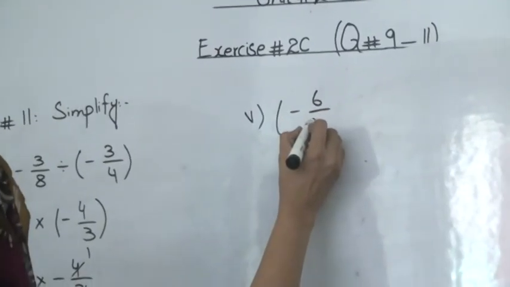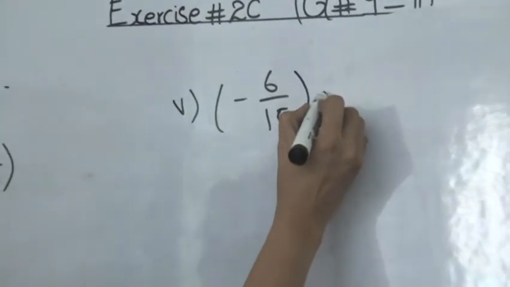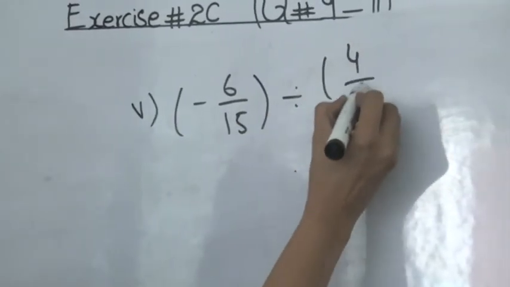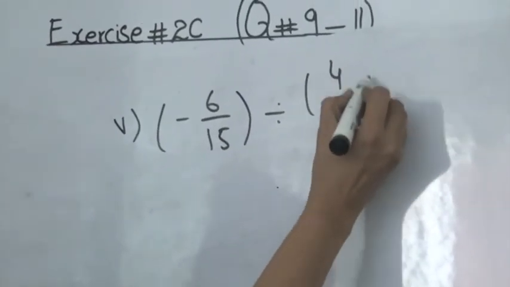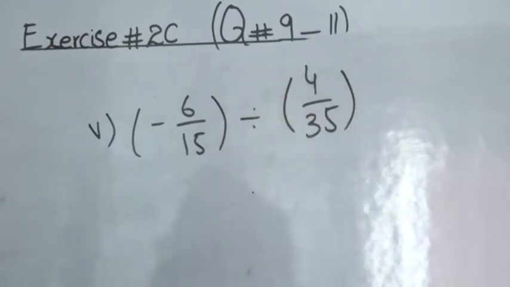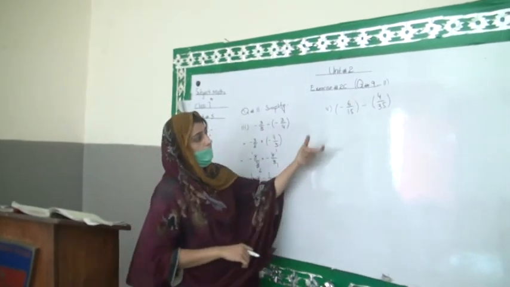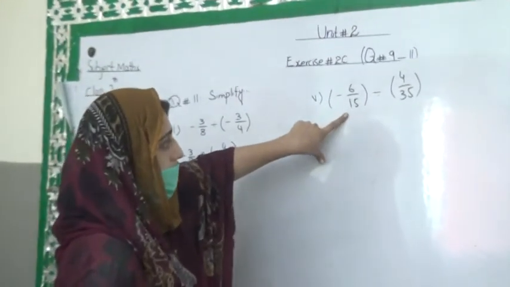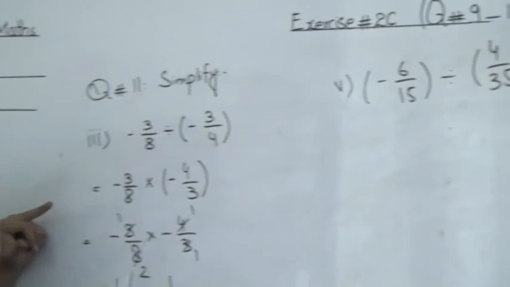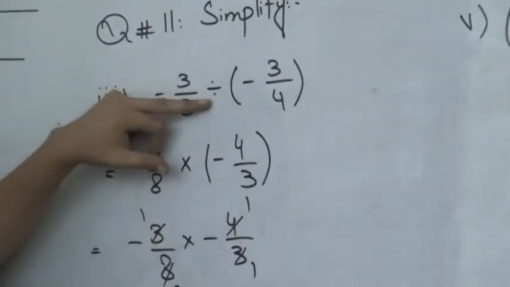Minus 6 by 15 divided by 4 by 35. Here we are also going to divide the rational expression. Same process, when there is a sign of division, we will change it into multiplication sign first.